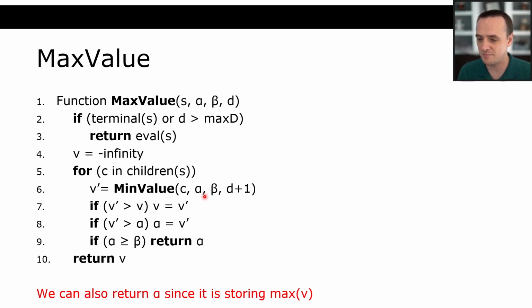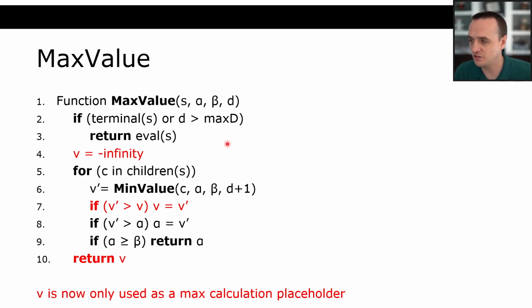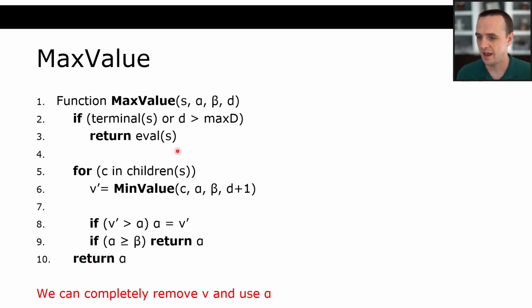So because I'm now comparing against alpha, and I'm also returning alpha, all this V stuff is useless because I'm using alpha as that temporary max storage variable. So all this V did was help me compute the max. So I can get rid of V. And now I've deleted 2 lines of code, and now I can return V here.